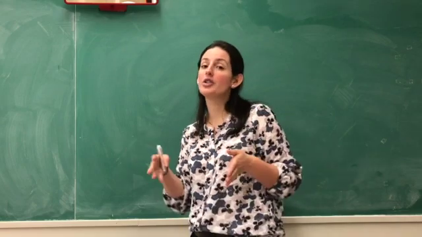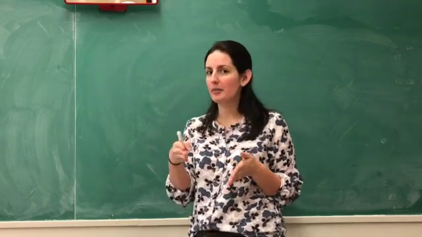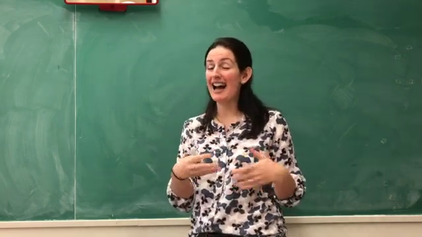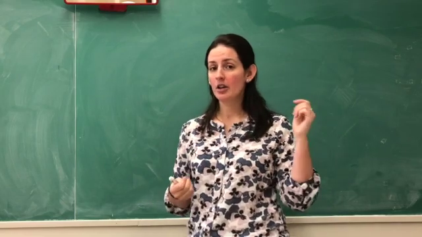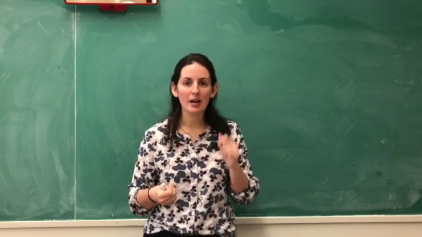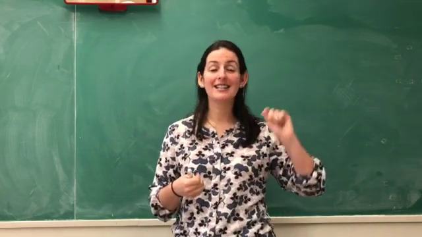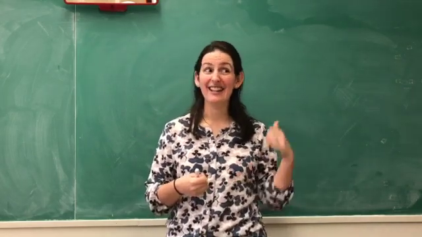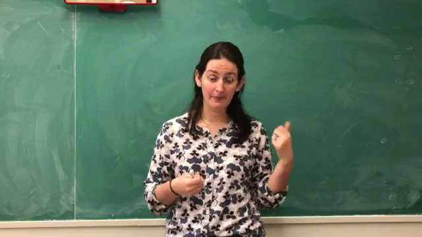If I had 4 jelly beans and Amelia wanted to take 5 from me, she couldn't because I don't have 5. So today we're going to take a look at what happens when it becomes impossible to take away the number that the question wants you to take away. So let's take a look.